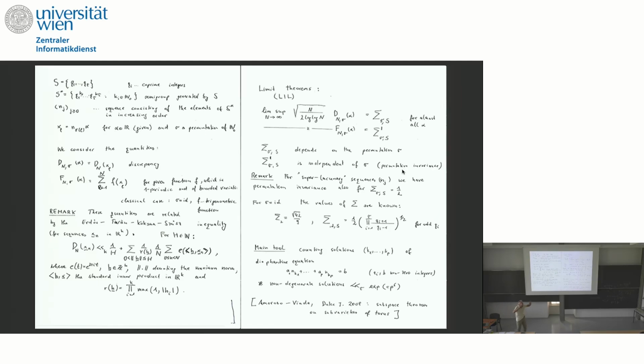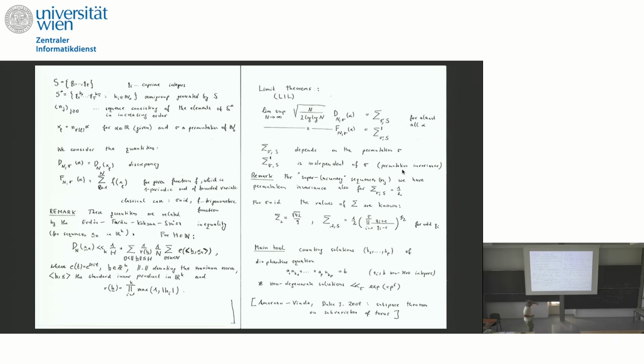This was the original problem by Erdős. But what we were interested in is to compute the constants. You have seen for truly random sequences, by Chung-Smirnov, the constant is 1/2. Here it's possible to compute the constant.